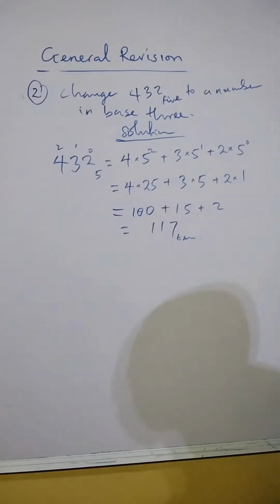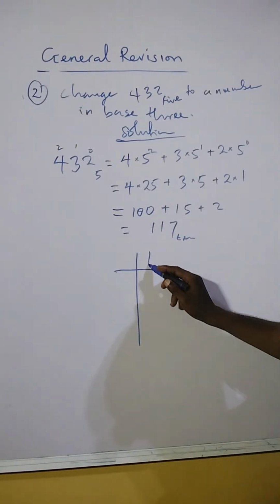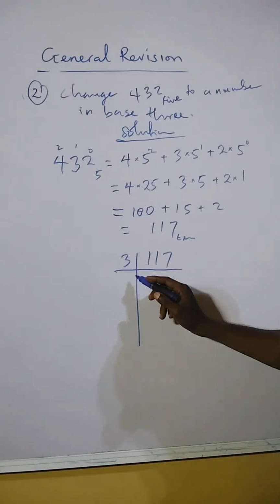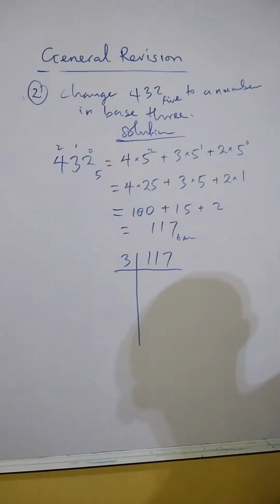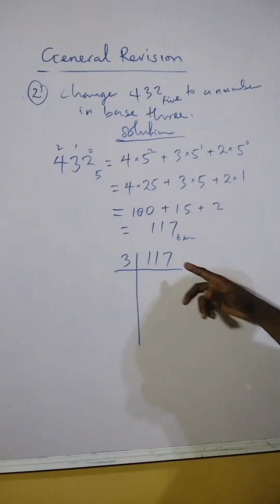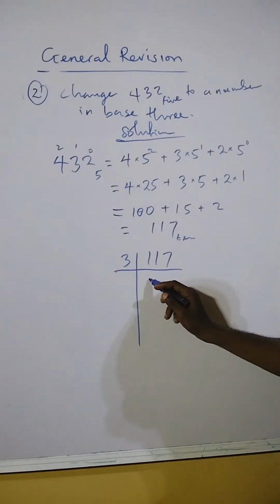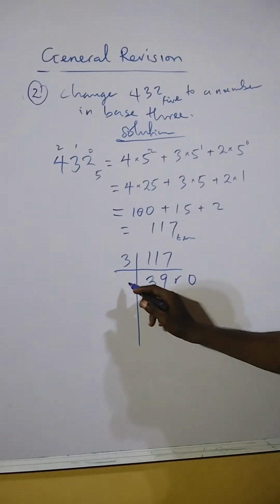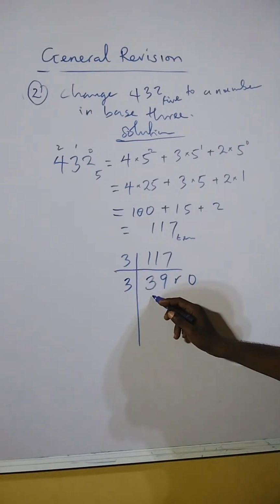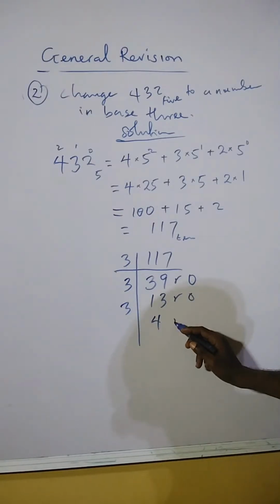Now, this is base 10, not base 3 we are looking for. Then we can move from base 10 to base 3 easily by tabulating this and dividing by base 3. So we have 3 goes in 117, that's 3 goes in 11, that's 3, remainder 2. And 3 goes in 27, that's 9, that's 39, remainder 0. 3 goes in 39, that's 13, remainder 0. 3 goes in 13, that's 4, remainder 1.